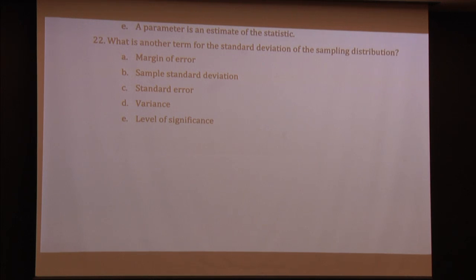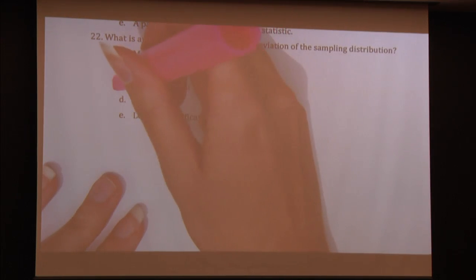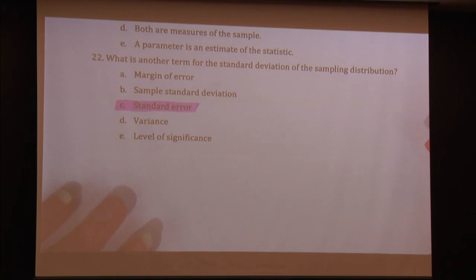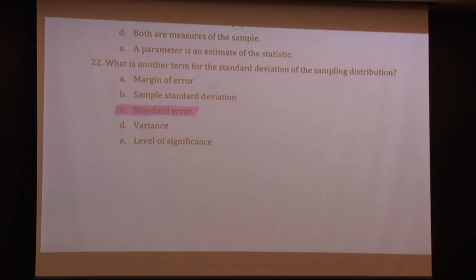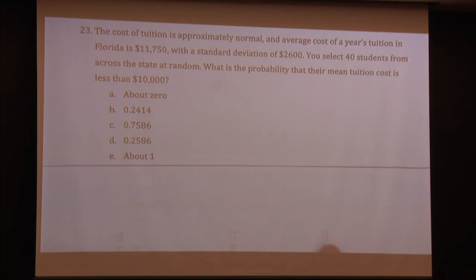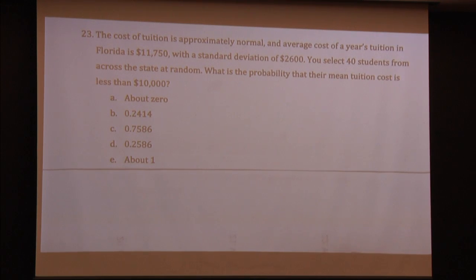So standard error. And again, if you missed it, go back and look at your textbook and your lecture notes. Like I said, now we're going to look at sampling distributions for a moment.